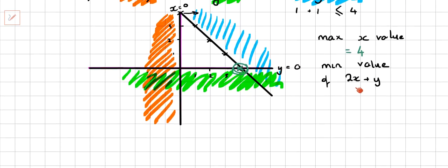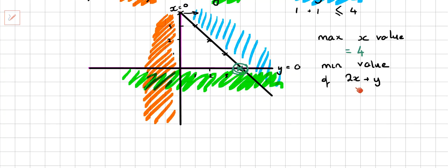So what's the minimum value of 2x plus y? Now remember, these are coordinate pairs. I've got to keep the coordinates together. But I want to know what the minimum value of 2x plus y would be. Because 2 times 2 plus 0 is 4.